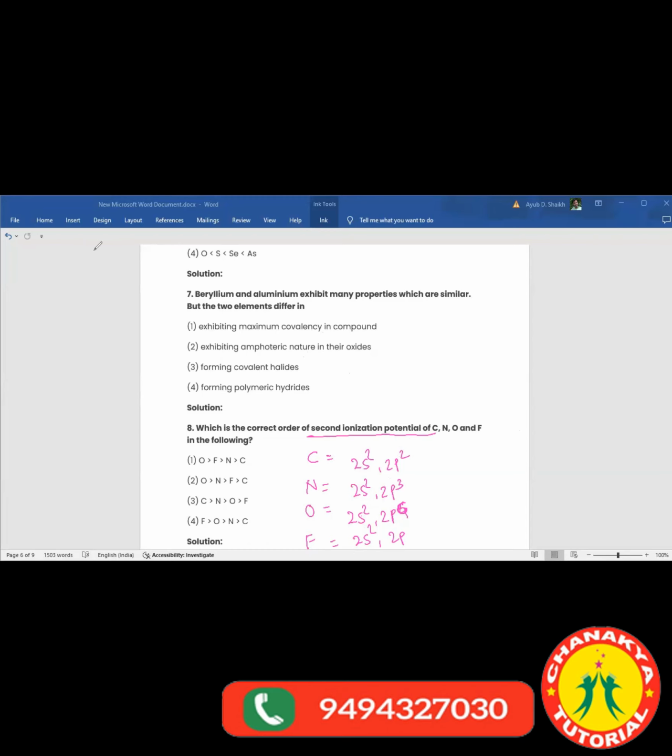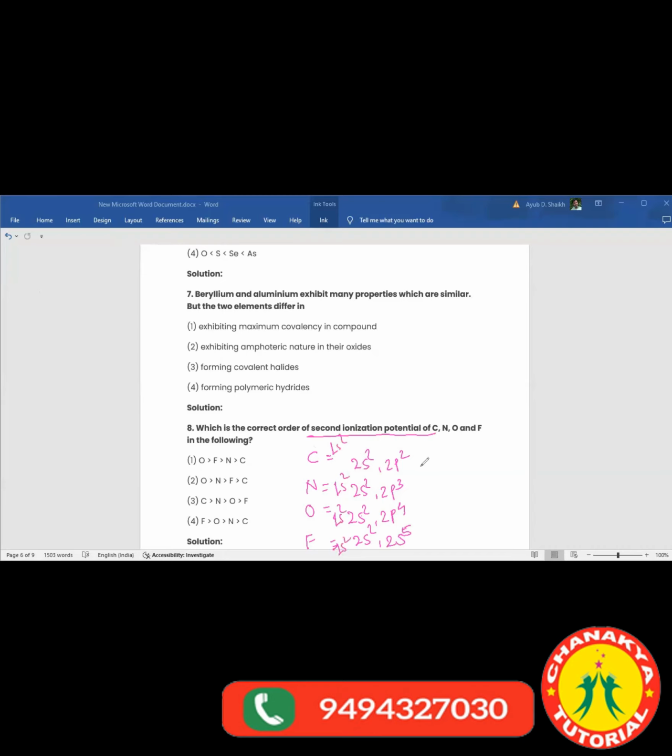Oxygen is 2s2, 2p4. 7, 8, 9. Okay, fine. It's due to atomic number, because 1s2 is missing. I haven't written it here: 1s2, 1s2, 1s2.